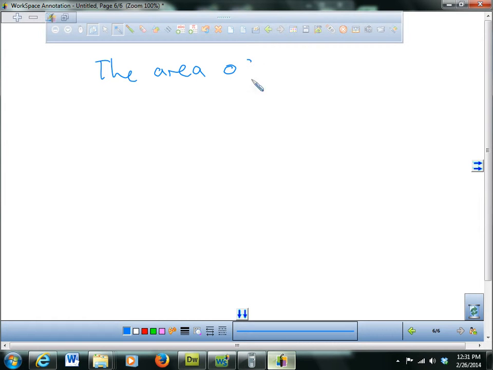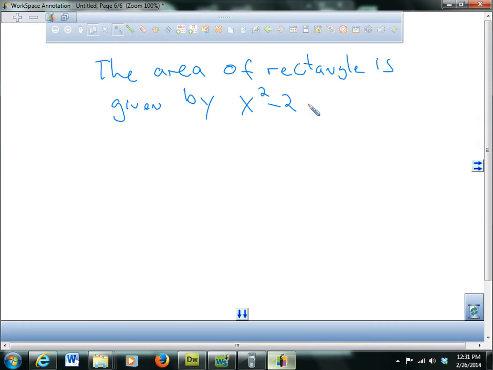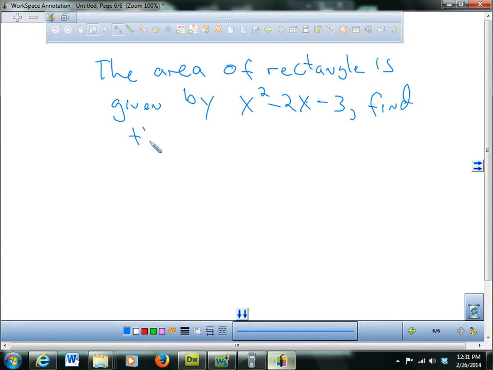The area of a rectangle is given by x squared minus 2x minus 3. Find the dimensions of the rectangle.